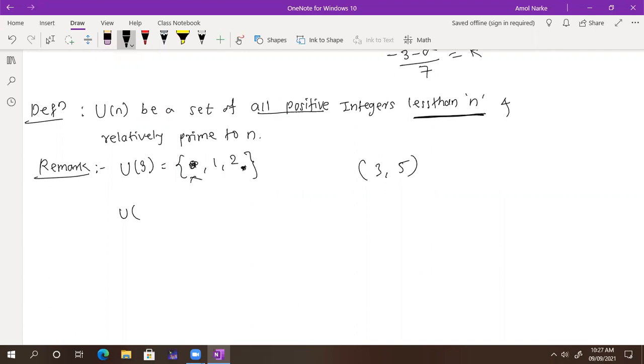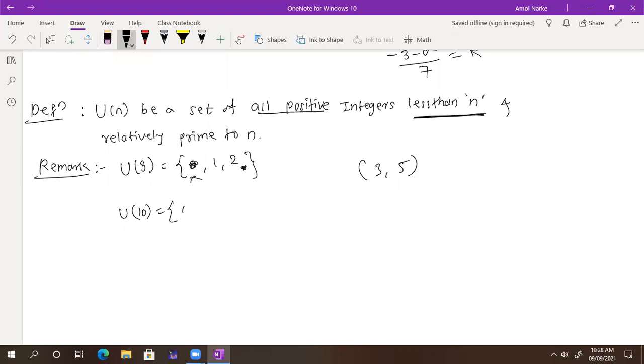Tell me the numbers relatively prime to 10, from 0 to 9. There is no 0 now, so 1, 2, 3, 4, 5, 6, 7, 8, 9.